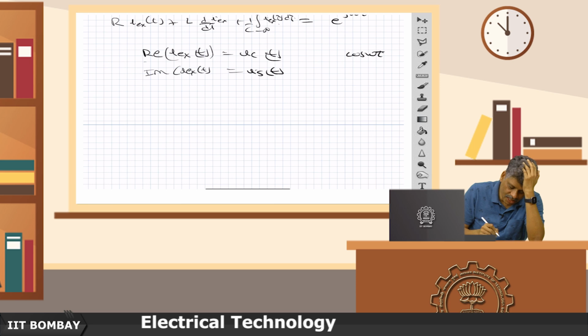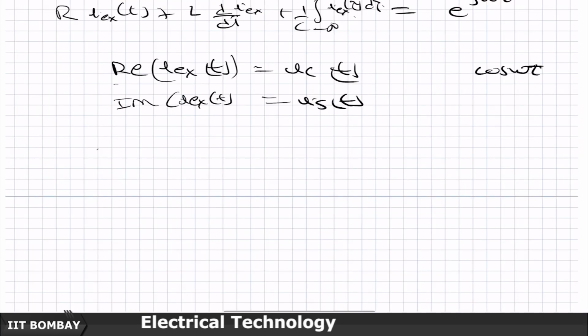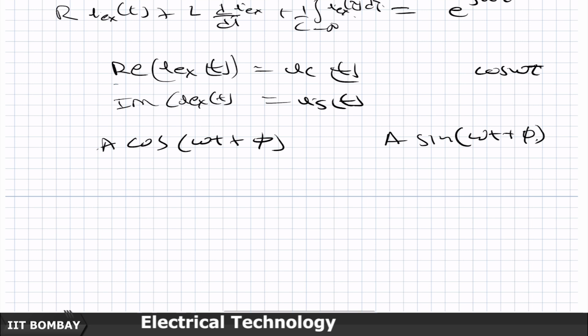Now, the next question that would come to your mind is, but many times I have something like cos of omega t plus phi as my excitation function, or a sine of omega t plus phi. So, what do I do in that case?